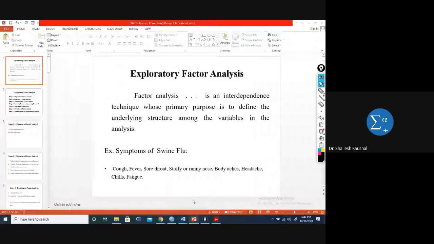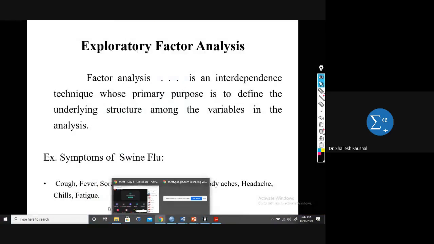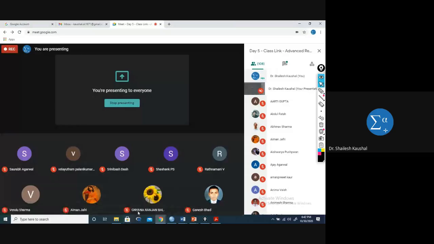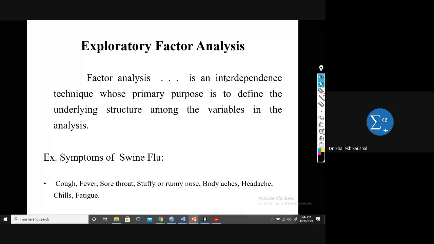So here is the concept of exploratory factor analysis. First, it is an interdependence technique. It means we are not finding the relationship between dependent and independent variables. Its primary purpose is to define the underlying structure. Underlying means latent, which cannot be directly observed.